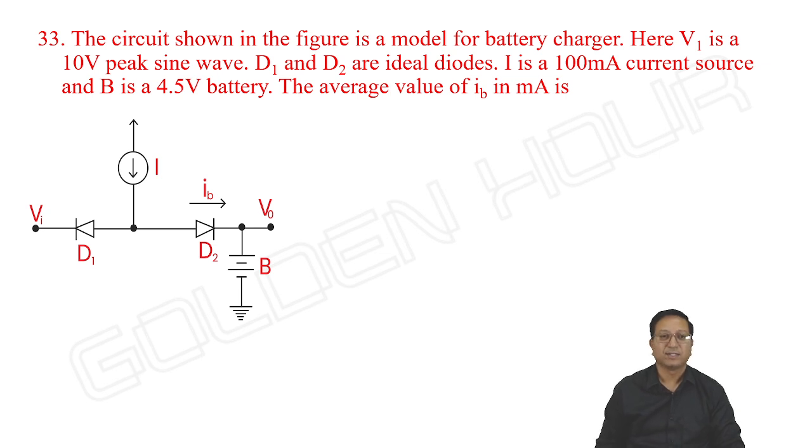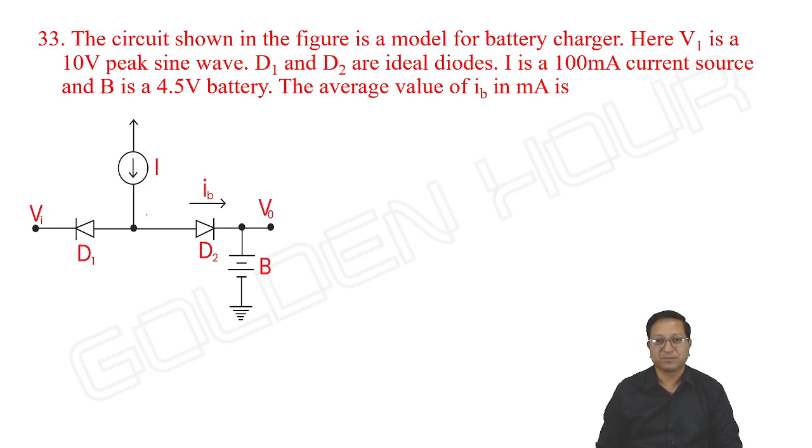See this. The circuit shown in the figure is a model for a battery charger. Here V1 is a 10 volts sine wave. D1 and D2 are ideal diodes. I is a 100 milliampere current source and B is a 4.5 volts battery. The average value of IB in milliamperes is, meaning what is the average value of current through the diode D2?